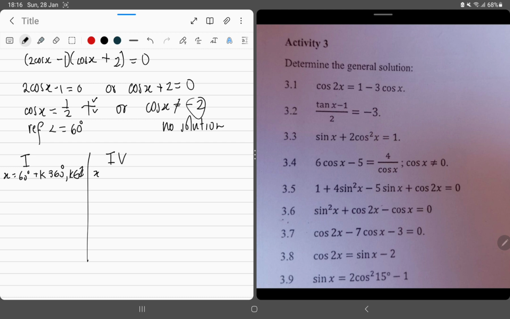In the fourth quadrant, x is going to be equal to 360 degrees minus 60 degrees plus k times 360 degrees. So here I'm getting 300 plus k times 360 degrees.